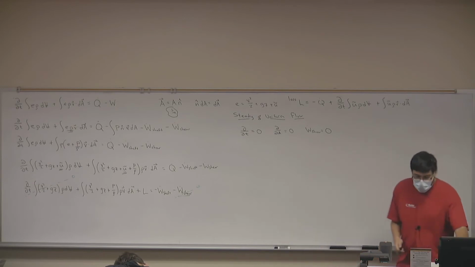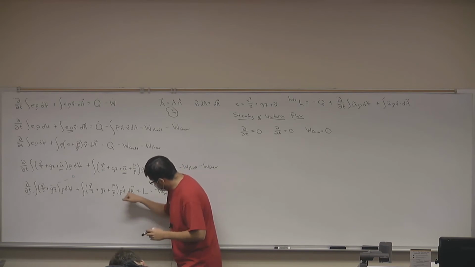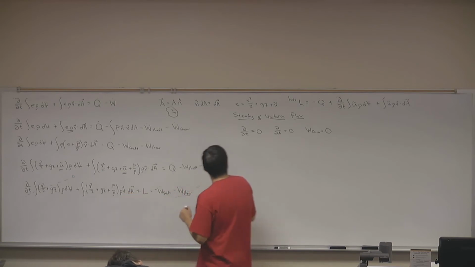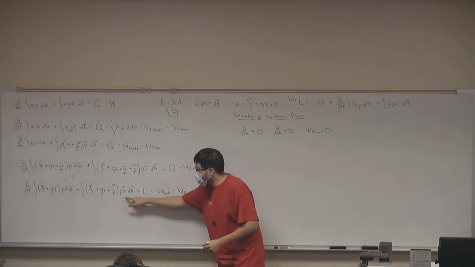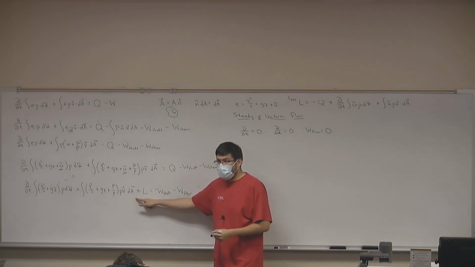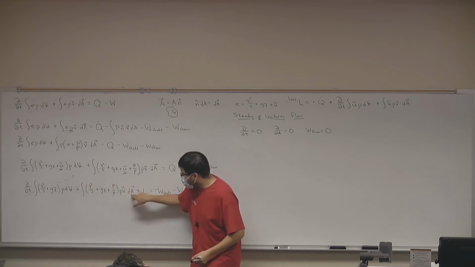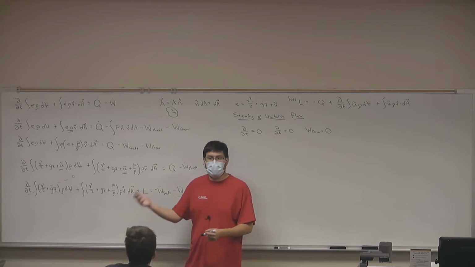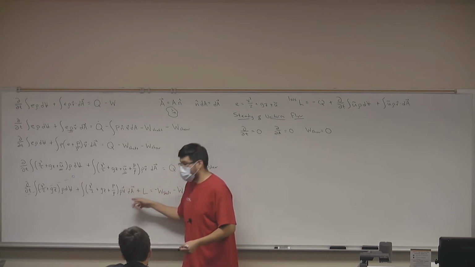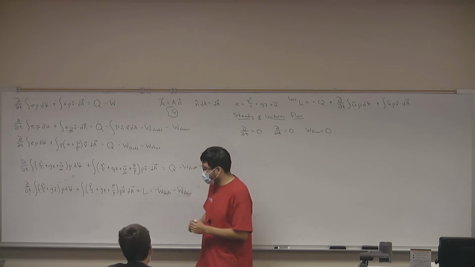And now we look at this integral. B dot dA. If my properties are uniform, that means that they don't really change across an area. So if all of these are constant over an area, what can we do? Take them out of the integral, and then we end up with integral of dA. And what's the integral of dA? Just A, right? Good.